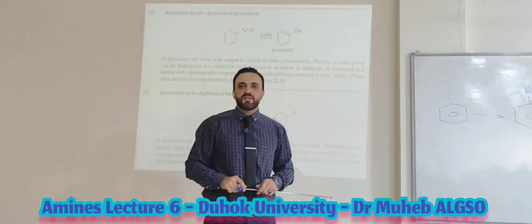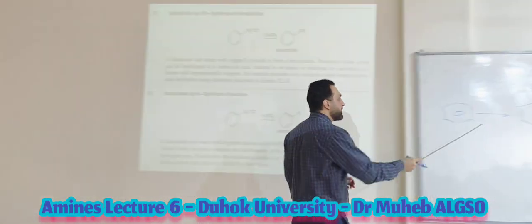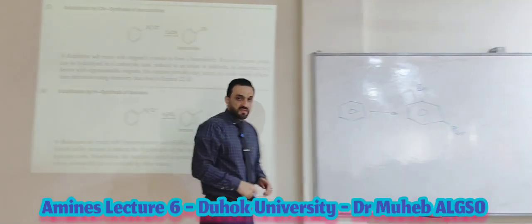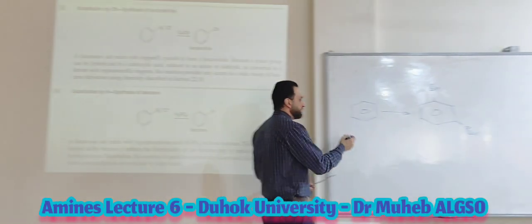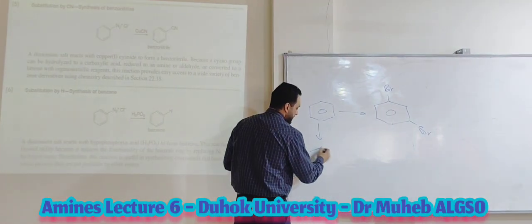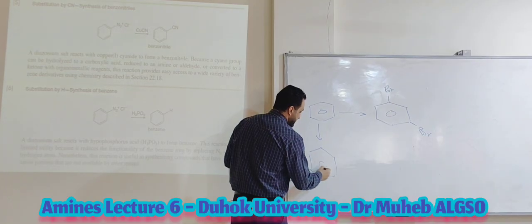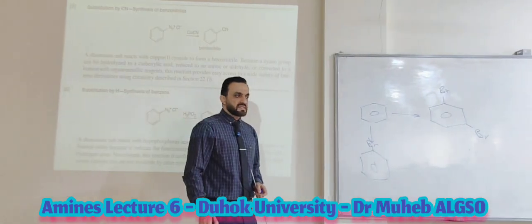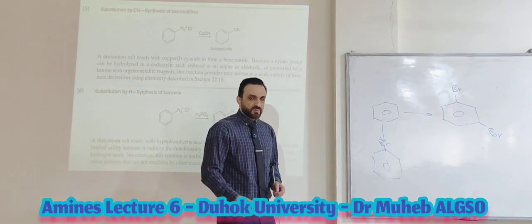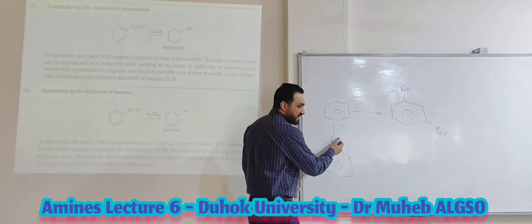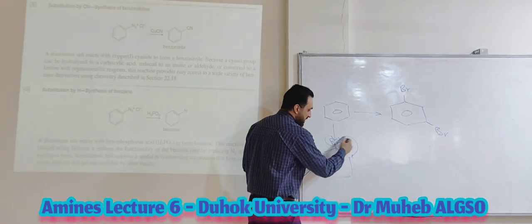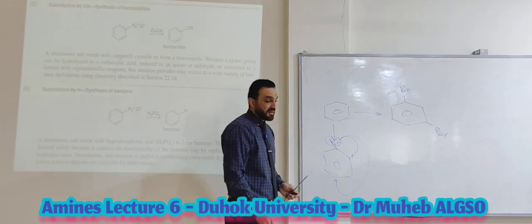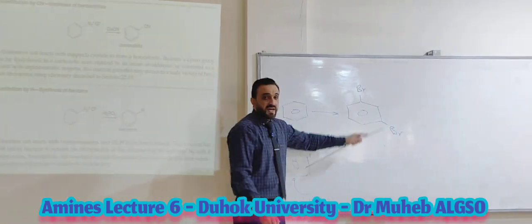Okay, without diazonium salt, can we prepare this compound from benzene? Okay, the first step, what is the first step? Bromination gives you Br. Okay, this is number one. The second step, another bromination. But Br is an ortho para director, not meta. But here, our groups are meta directors.